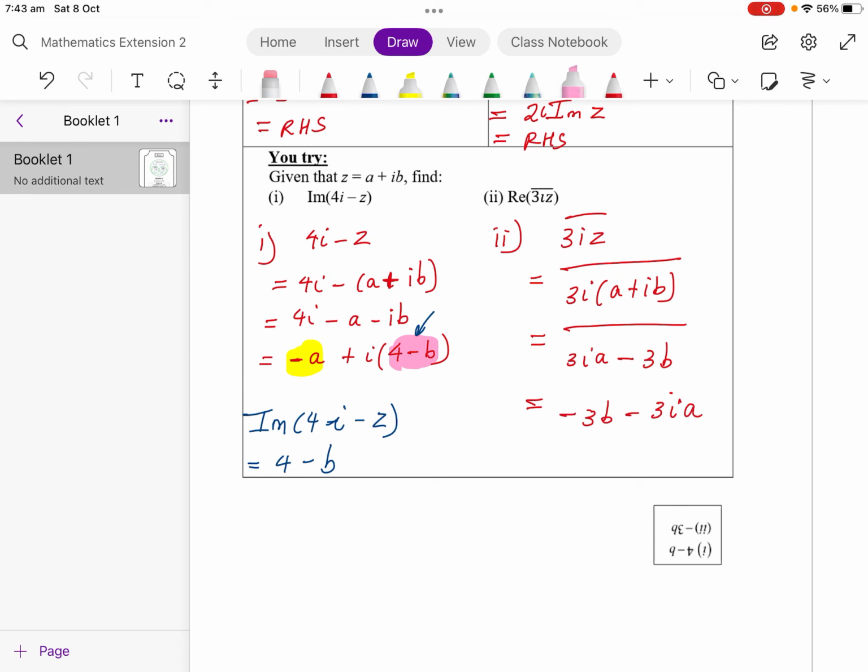So I want you to notice what I've done is taken this term and I've changed it to a negative because we're finding the conjugate of that complex number. And then I want to find the real part of this. So I've now found the conjugate of 3iz. So the real part, well, it's just sitting here because I'm getting into the habit of writing real first, followed by imaginary. So just list down or write down what the real part is.